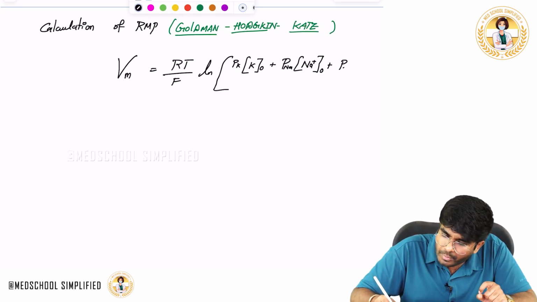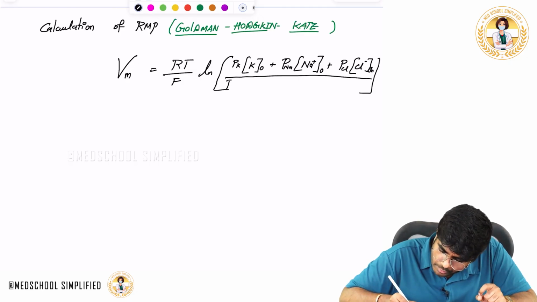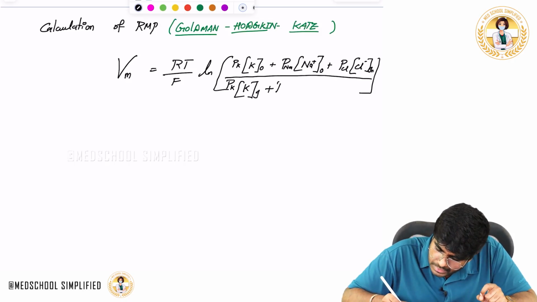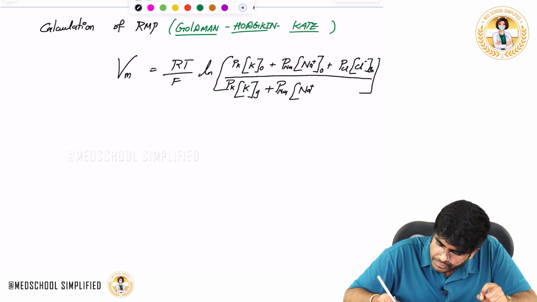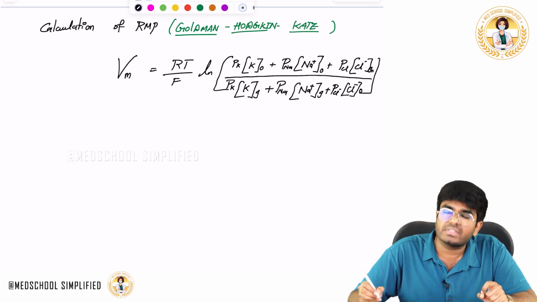So permeability of chloride times the amount of chloride inside the cell, divided by exactly the opposite: the permeability of potassium times potassium concentration inside the cell, plus permeability of sodium times the concentration of sodium inside the cell, plus permeability of chloride times chloride concentration outside the cell.